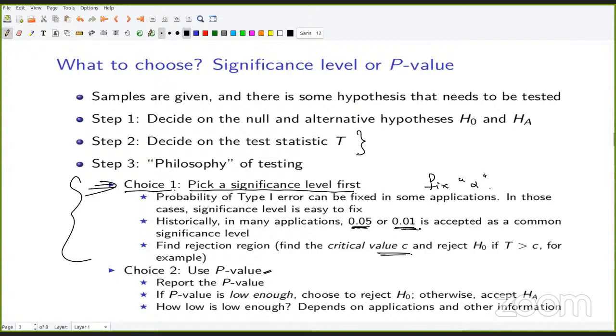In choice one, the comparison should be with small t, not capital T. Small t should be greater than C. When it comes to the comparison, you compare small t with C, and if small t is greater than C, you reject H naught. These are all before the computations, which is why we use random variables.